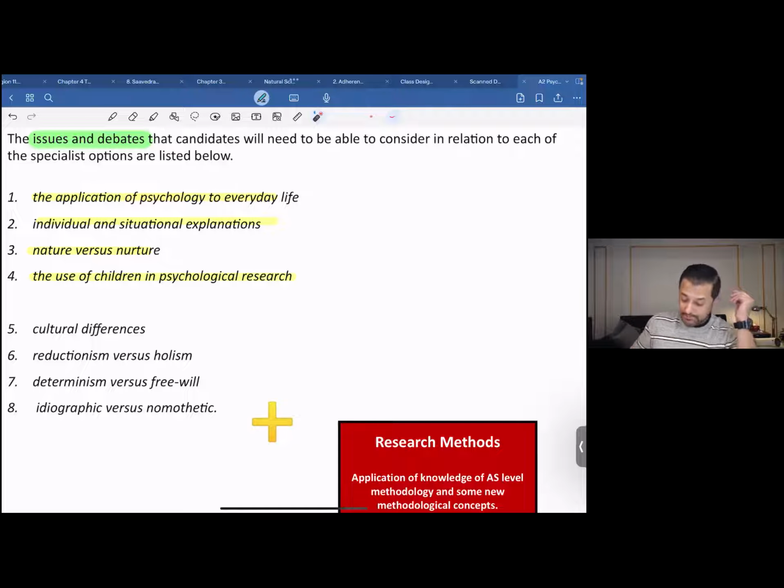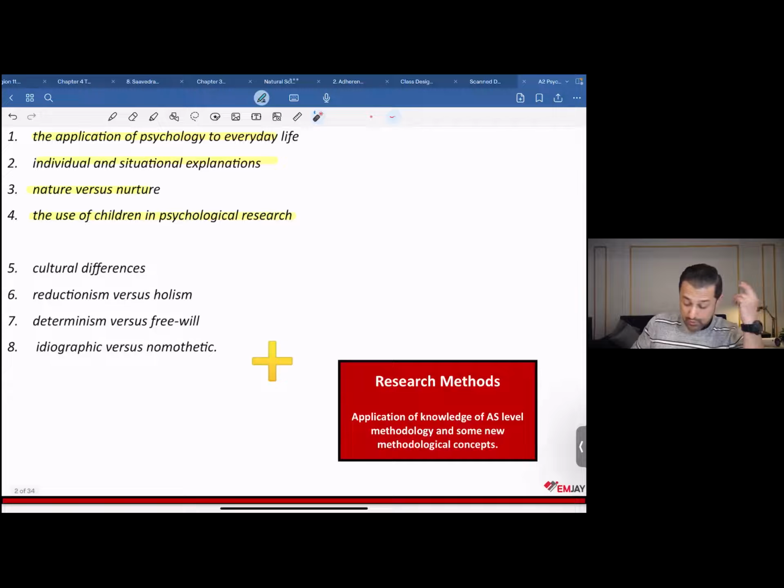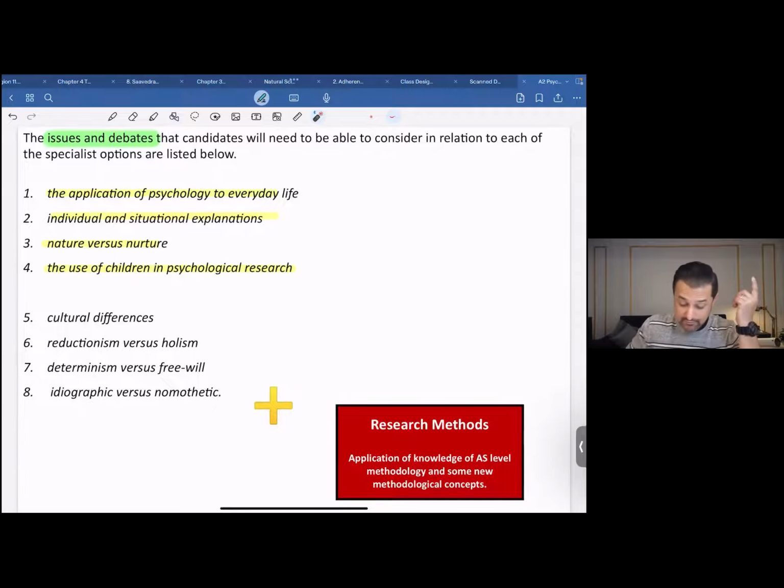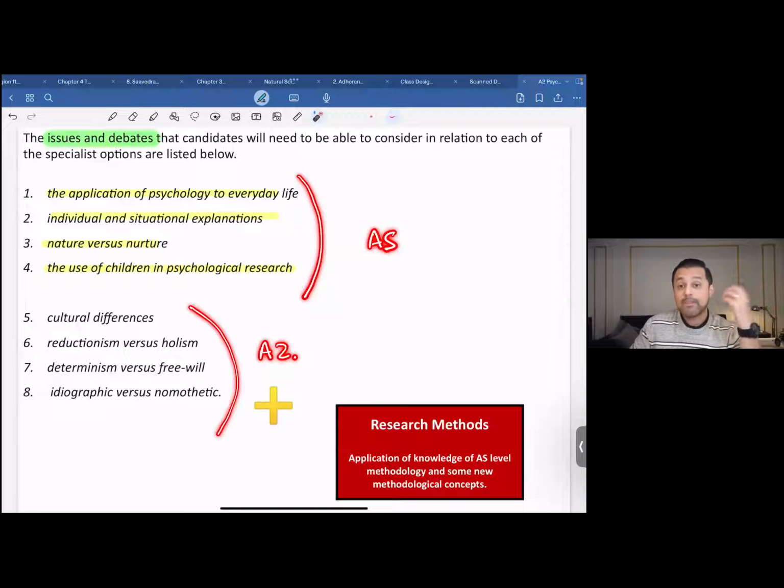Now, moving on. What I explained so far is that initially we spoke about issues and debates. There were four issues and debates taught in AS that you should already be aware of, and there are four more added when it comes to A2. So in total, there are 8 issues and debates that you all need to prepare for.